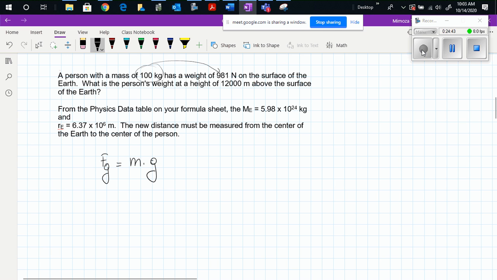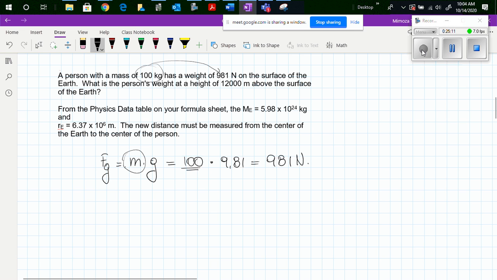Actually, at any point, but here we are talking about the surface of the Earth. So 100 times 9.81, the acceleration due to gravity at the surface of the Earth, will be 981 newtons. So mass, 100 kilograms, is different from weight, which is a vector.